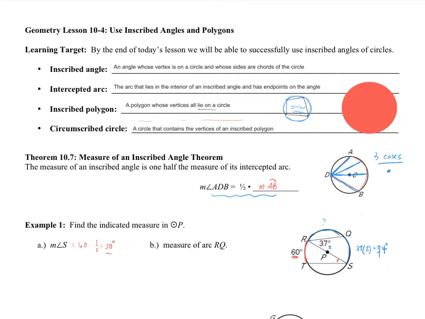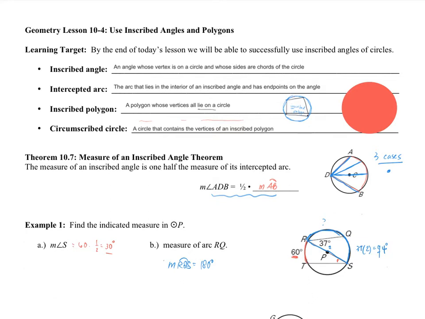Now since arc RQS is a semicircle, then measure arc RQS should be 180 degrees.